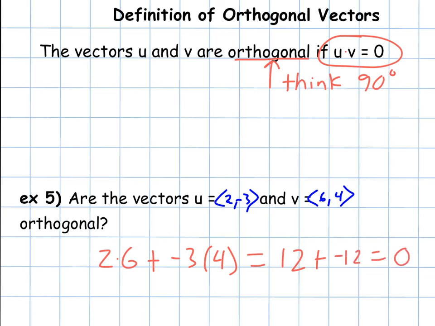So to answer this question, are those vectors orthogonal? As soon as we see that the dot product between them is 0, we would say yes. Now I don't have another example on it here, but if the dot product wasn't 0, would we then jump to the conclusion that they are not orthogonal? And the answer there is yes as well. The only way that we can justify that two vectors are orthogonal is to see that that dot product is 0.